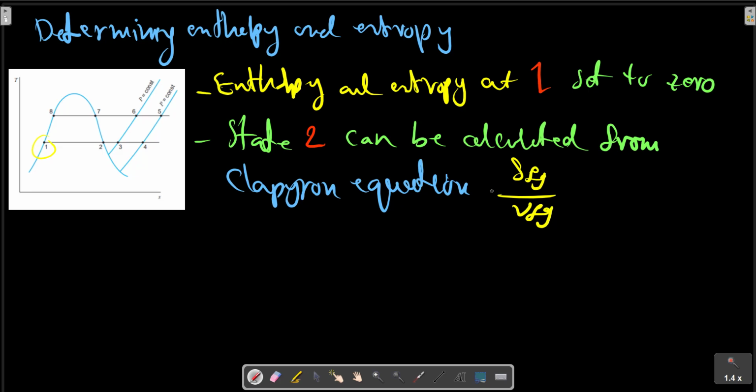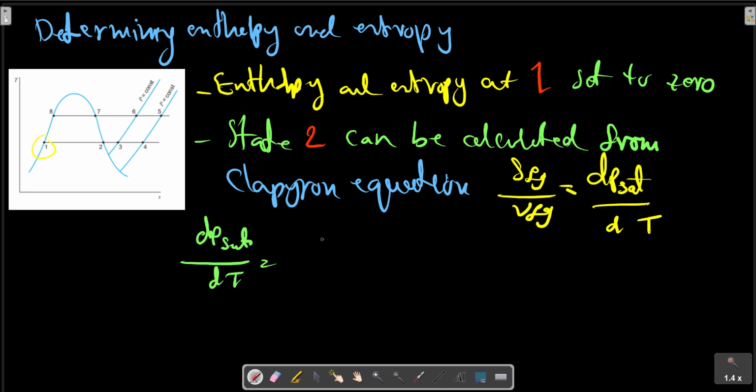The Clapeyron equation says that dP_sat over dT equals h_g minus h_f over T times (v_g minus v_f), in this case between states 1 and 2.